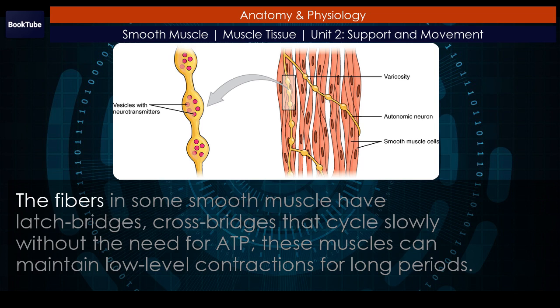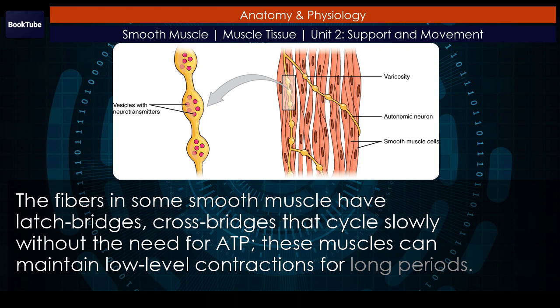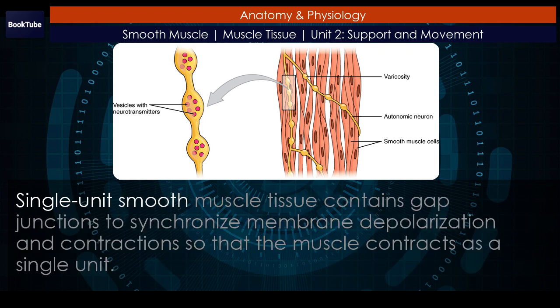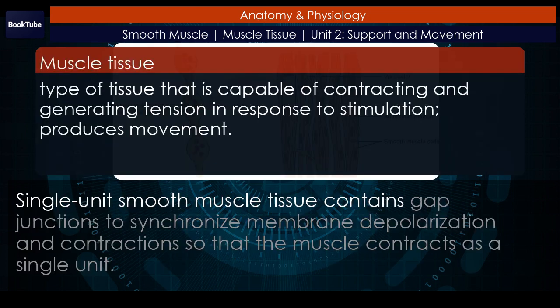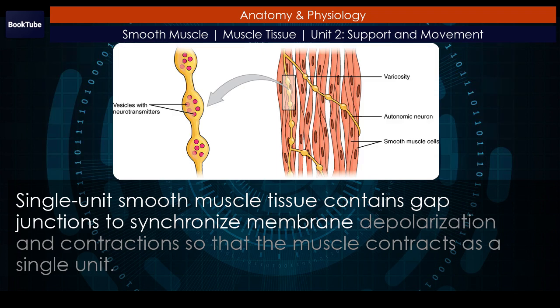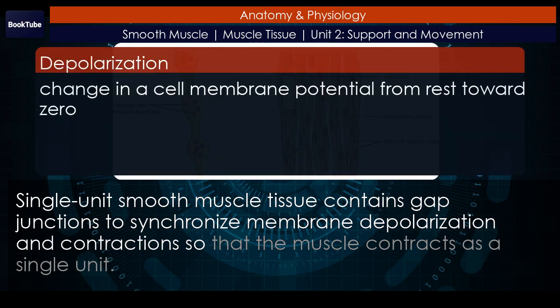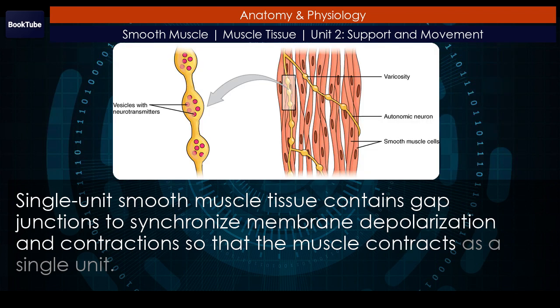The fibers in some smooth muscle have latch bridges, cross bridges that cycle slowly without the need for ATP. These muscles can maintain low-level contractions for long periods. Single-unit smooth muscle tissue contains gap junctions to synchronize membrane depolarization and contractions so that the muscle contracts as a single unit.